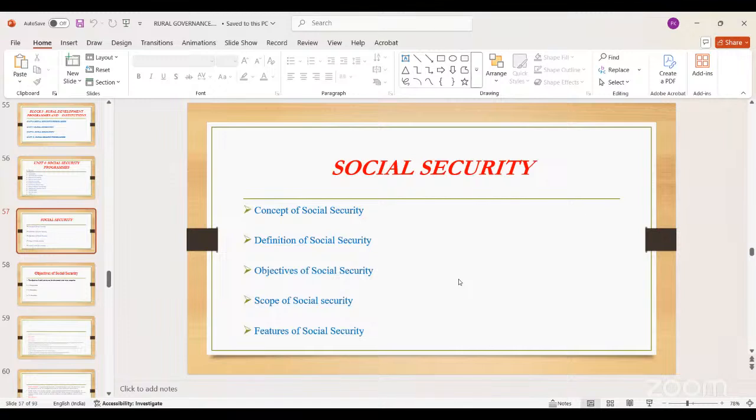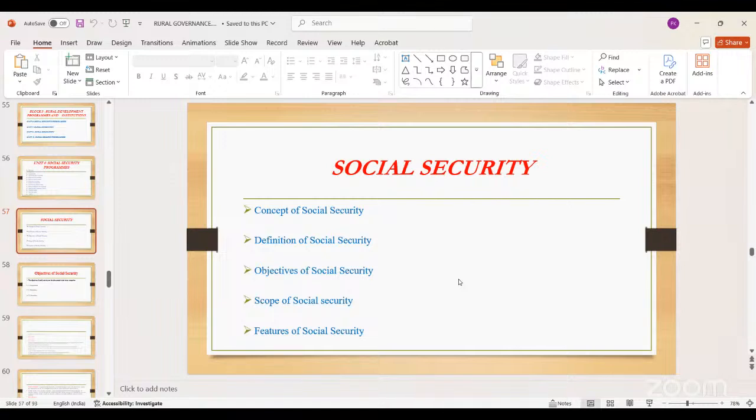Then we'll discuss some features of social security. So the features of social security, what are the features? Features are basically characteristics of social security, which can be understood as, number one, the social security programs are basically for persons who are living in this society, right?